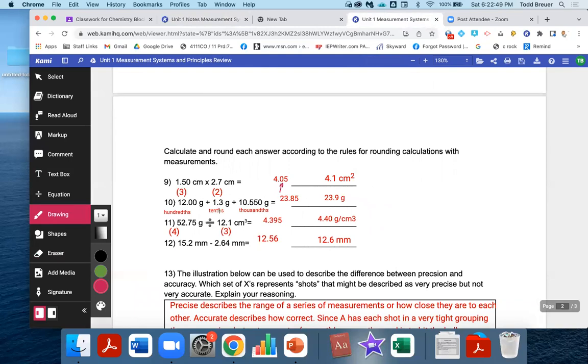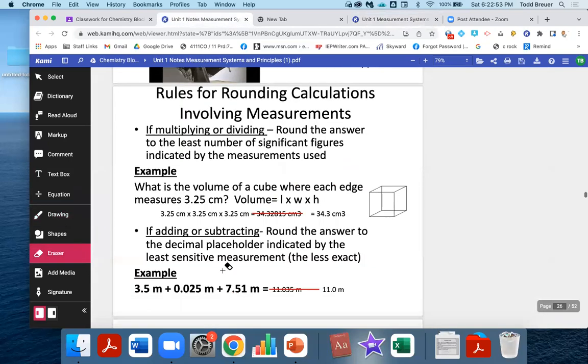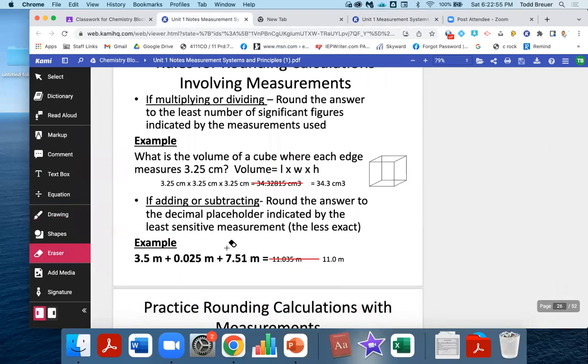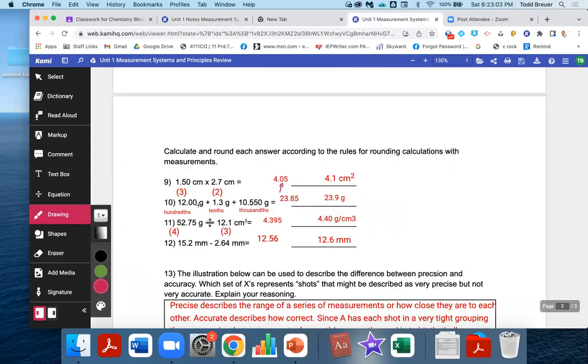If we look at number 10, now we're not multiplying or dividing, now we're adding. Now there's a different rule. When we add or subtract, we round the answer to the placeholder or the decimal position that is less sensitive or less exact. Well, how do we know that? Well, look, I've marked them. 12.00 is exact down to hundredths. 1.3 is down to tenths.